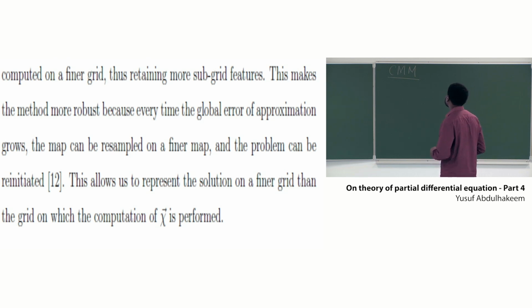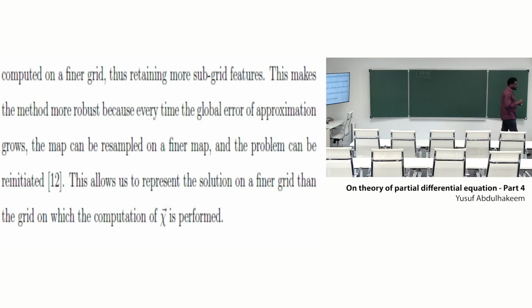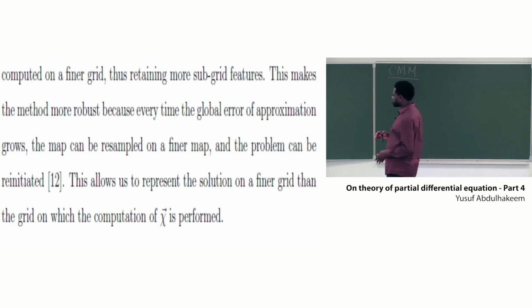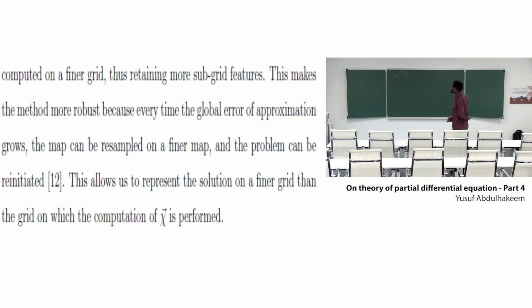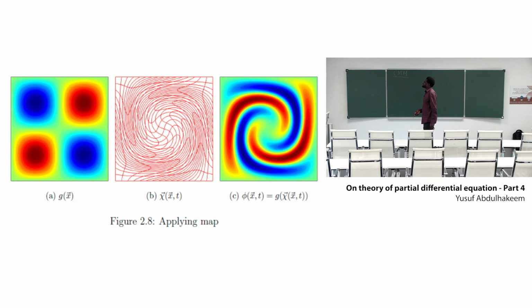Once the system realizes that a particular grid is taking more time to obtain the solution, the method can adapt to another grid that will give us a solution in less time. So these allow us to represent the solution on a finer grid than the grid on which the computation is performed. So we can move to another grid. It has that adaptation. Let's look at this.